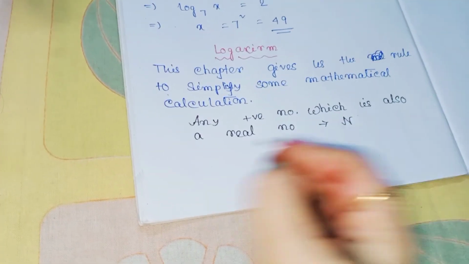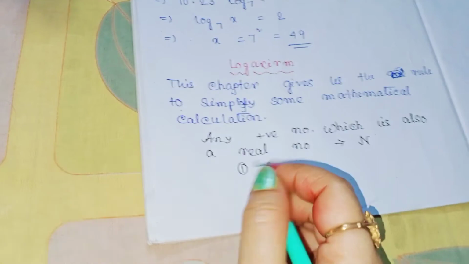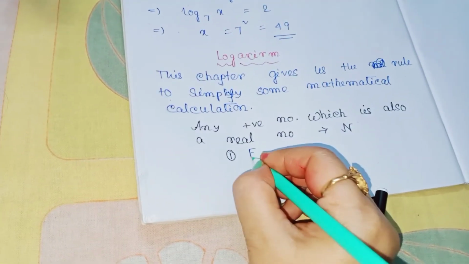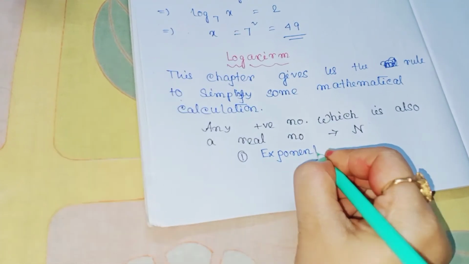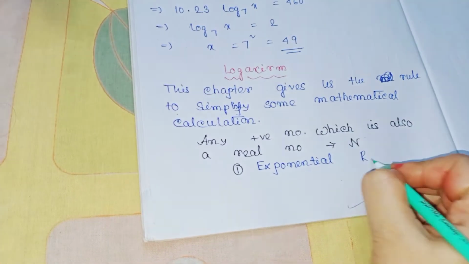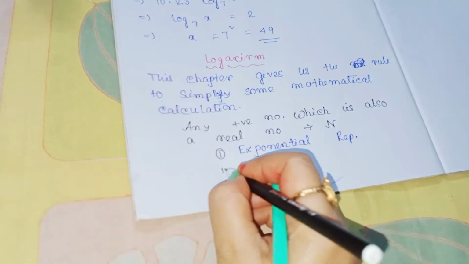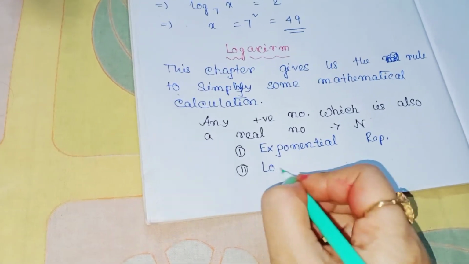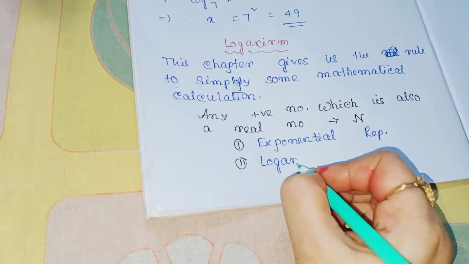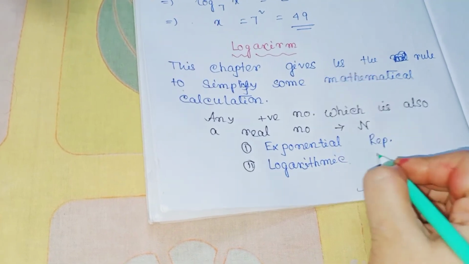The first way is exponential representation, and the second way is logarithmic representation.